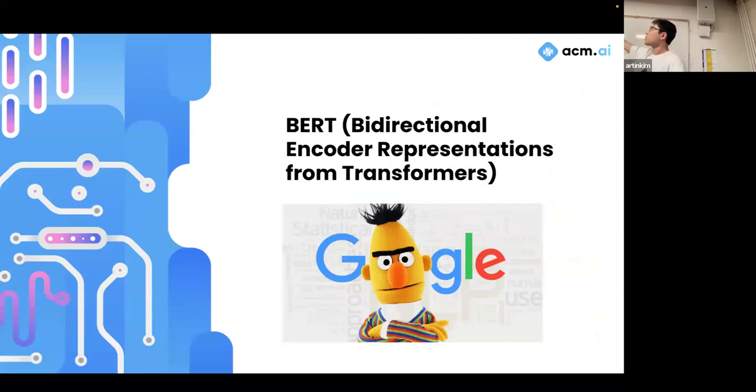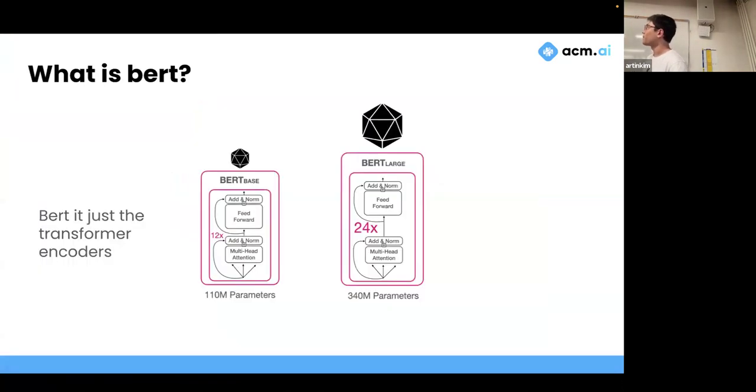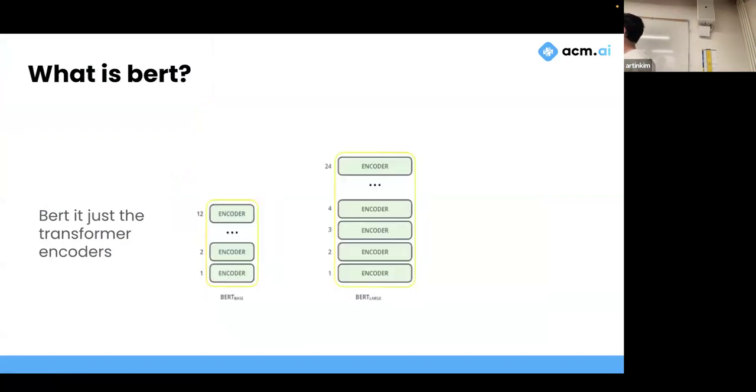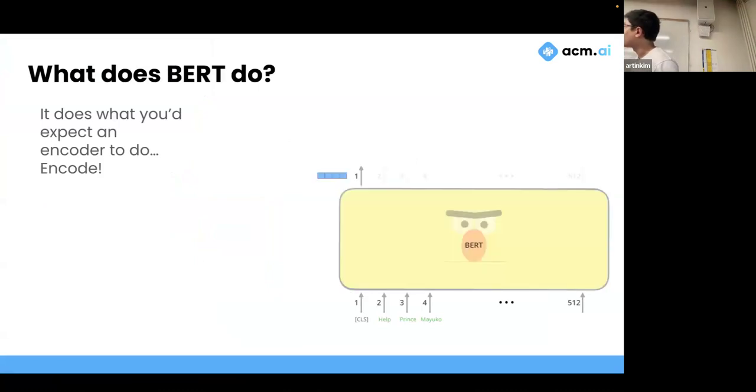So BERT, this is a transformer encoder, right? I'll get to the architecture a bit later, but right now I'm just going to explain a really cool transformer encoder. This is called BERT. It's a transformer encoder made by Google, right? And again, it's just the encoder. And again, what do encoders do? They encode stuff.